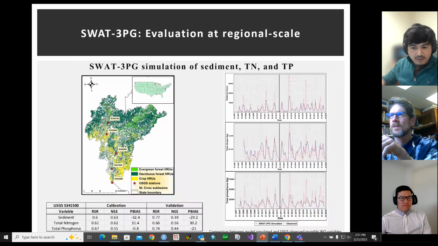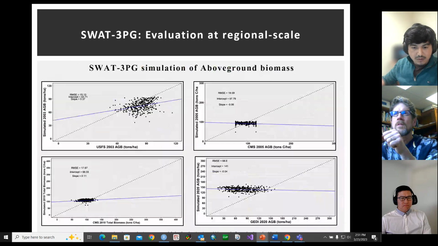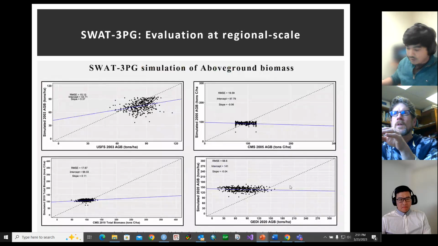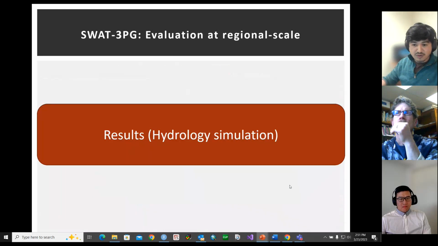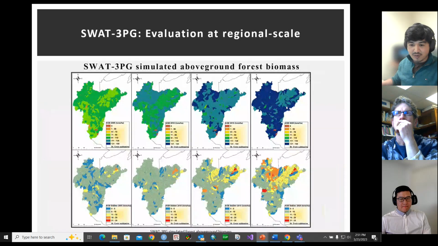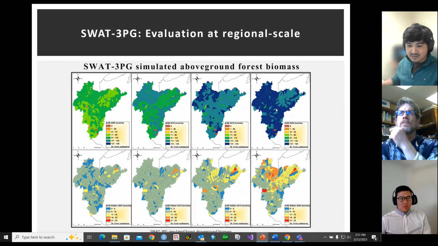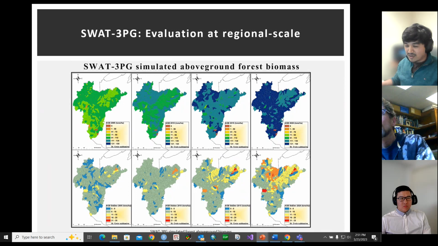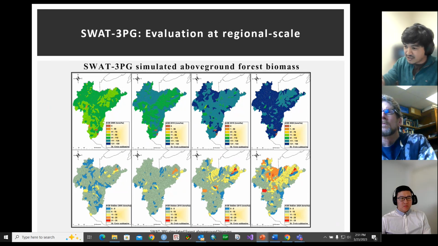Well, for the scatter plot, this is 2020. So let's focus in on 2020. If we look into each year, say for 2020, our SWAT 3PG estimated biomass, if you look at the scale, it's mostly 131 to 166. There's a high standard deviation, and that plot shows the mean biomass for each subbasin. So I'm just using the mean values for each subbasin.